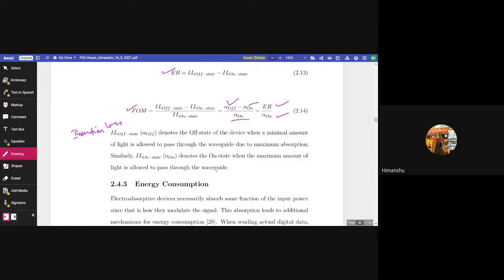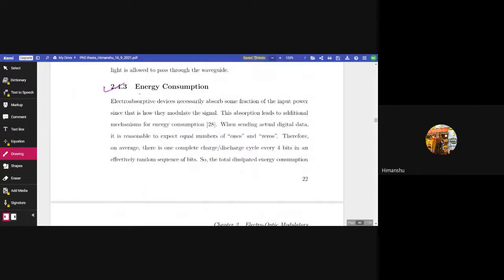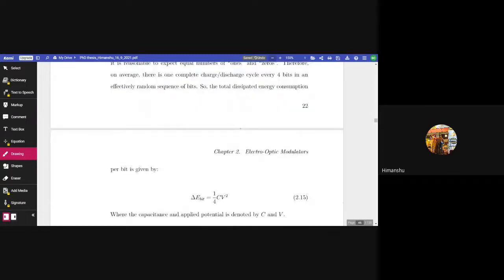Now coming to section 2.4.3, energy consumption. Electro-absorptive devices necessarily absorb some fraction of the input power, since that is how they modulate the signal. The absorption leads to an additional mechanism for energy consumption, reference 28. When sending actual digital data, it is reasonable to expect an equal number of ones and zeros.